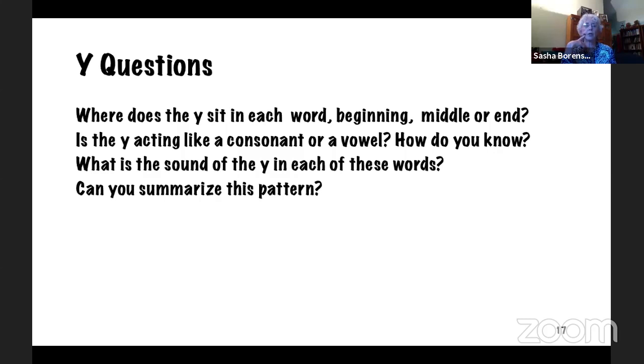Cry, fly, try. And in first grade, I'd be talking about Y acting as a vowel. I talk about it at the end of a one-syllable word and the end of a two-syllable word.